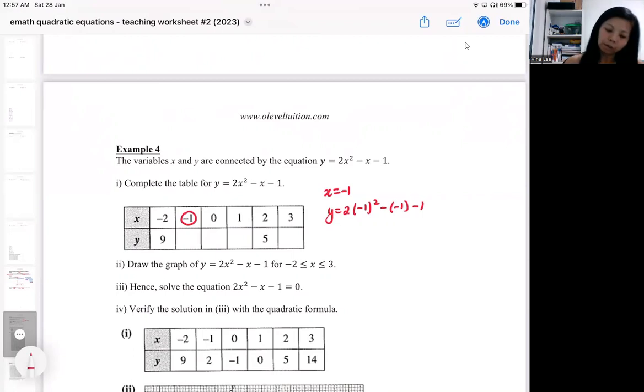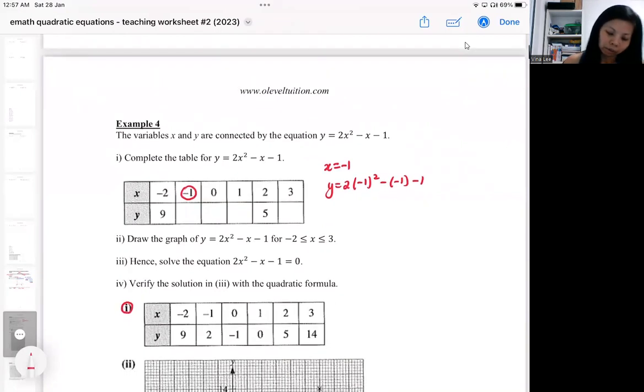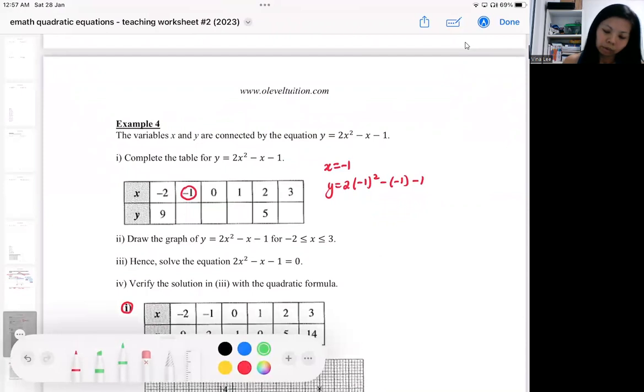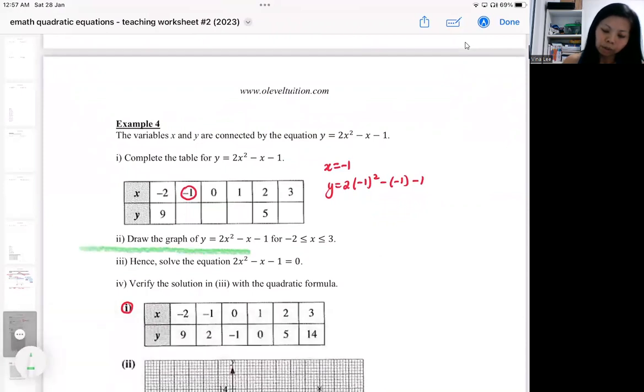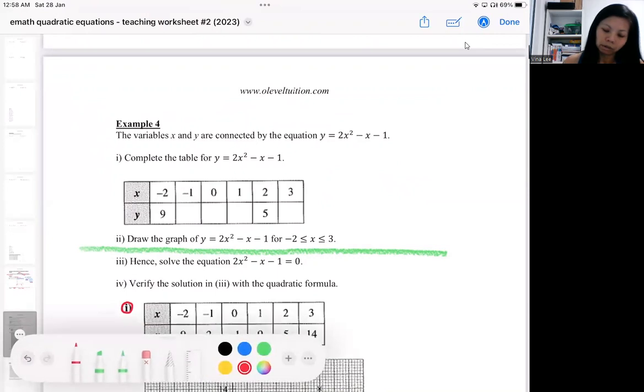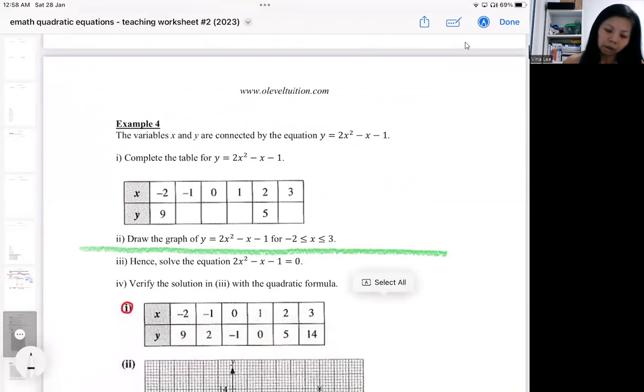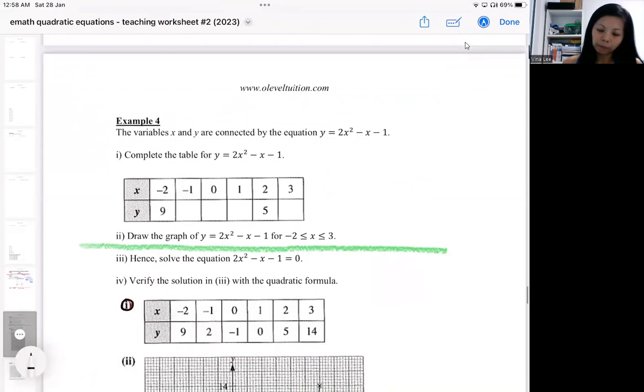Then you fill up accordingly. I'm assuming you can fill it up, and then we're supposed to draw the graph. This is the part where you're supposed to draw it on graph paper. I take it as you are able to fill it up, and then you draw it on the graph paper.